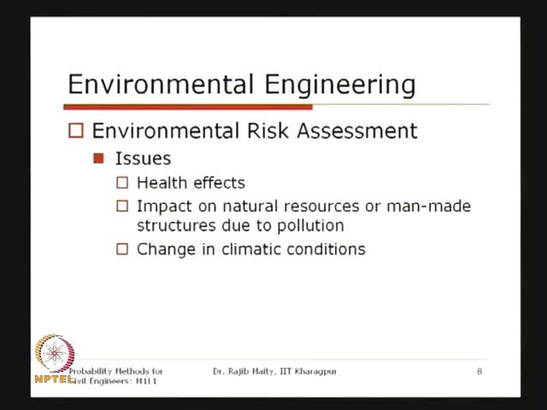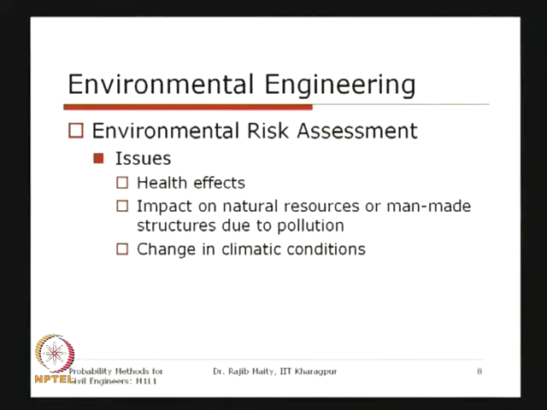For example, the issues shown here are the health effects on the community, the impact on natural resources or man-made structures due to pollution, and very recently we have seen the change in climatic conditions. If there is any change in climatic conditions, how is it going to affect particularly the water resources or the environmental problems in civil engineering?